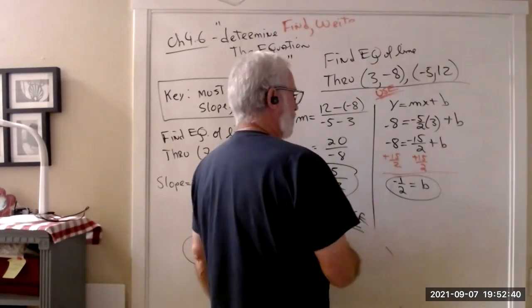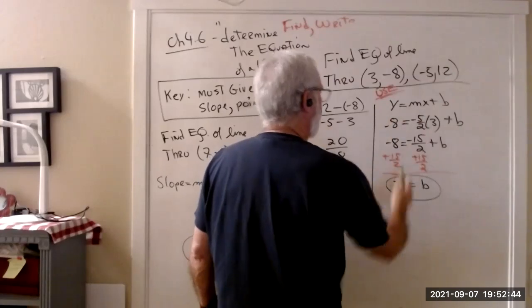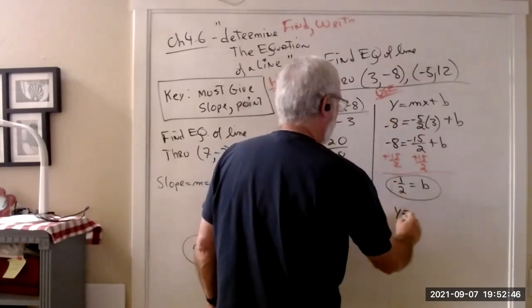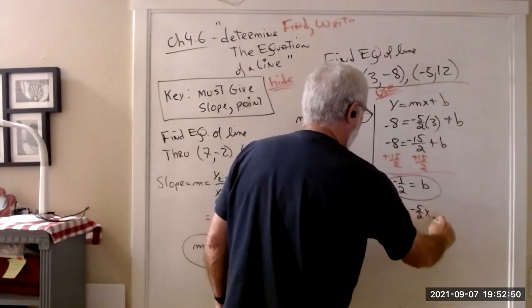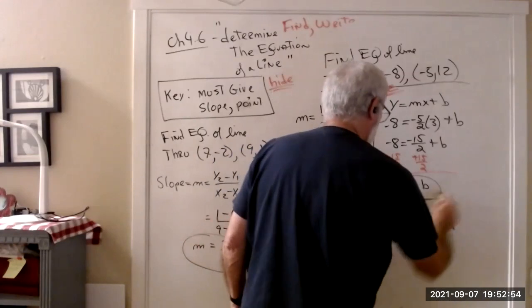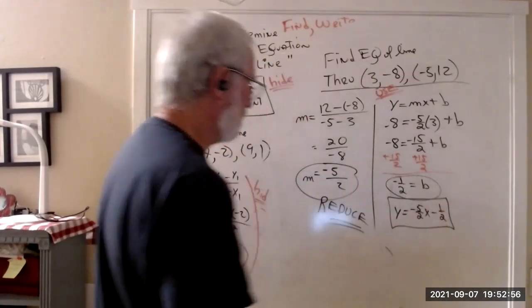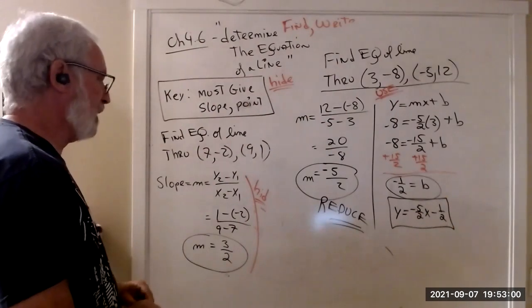Use your calculator. So here we go with b was that. So put it all together. Final answer, y equals -5/2 x minus 1/2. Okay, thank you. You saved me again.